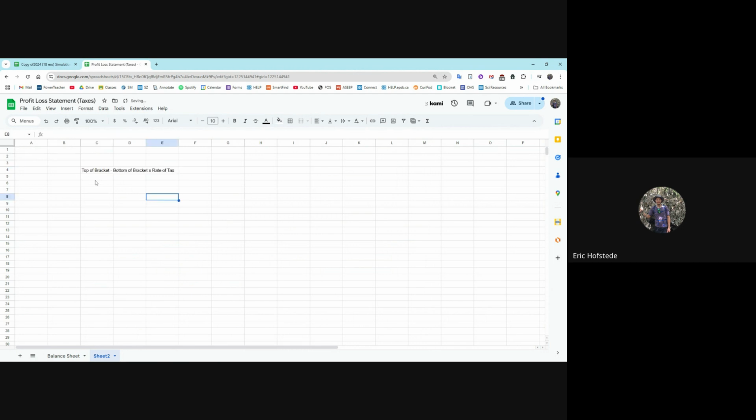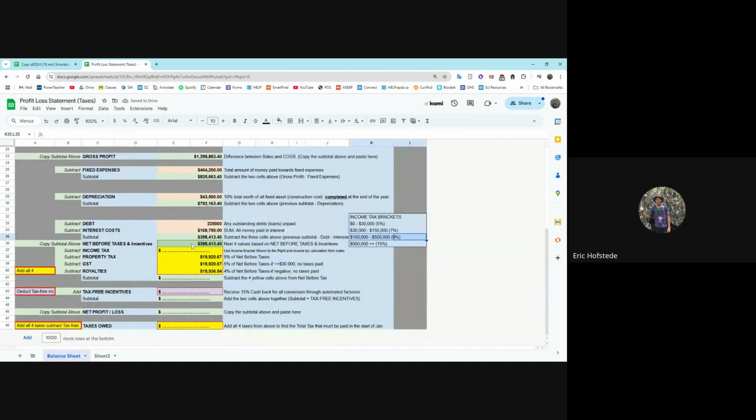All right, so in this example, in this third bracket, which is my top bracket, the top of the bracket which I've earned up to, since I didn't earn 500,000, that's not going to be the top of my bracket. The actual net before taxes and incentives is the top of my bracket.